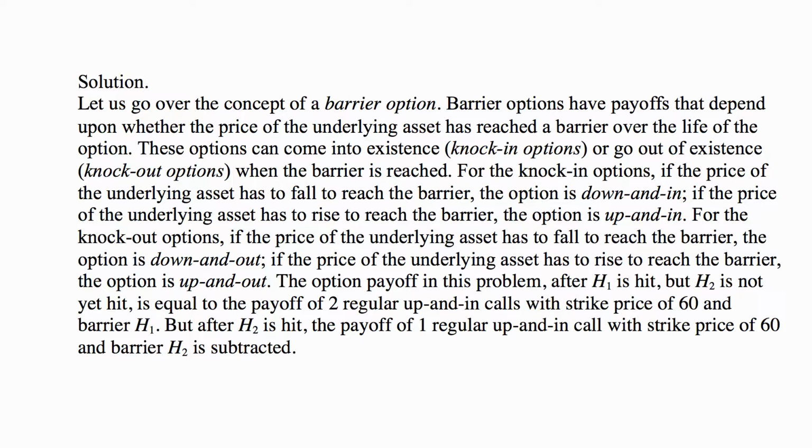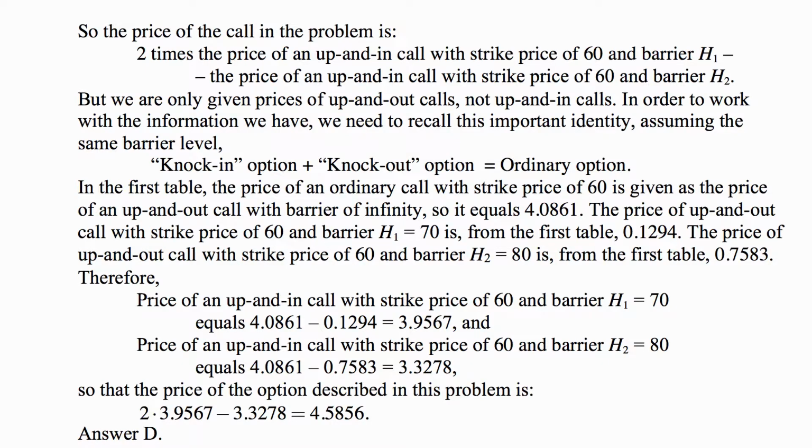So you could say that the portion is knocked out, but the actual option has the payoff of a regular up and in call, 1 only, while it was 2 before. So the price of the option in the problem, which is a complicated call, is 2 times the price of an up and in call with strike price of 60 and barrier H1 minus the price of an up and in call with strike price of 60 and barrier H2.